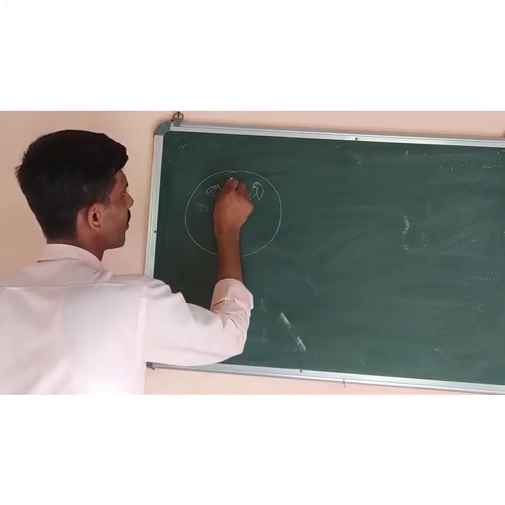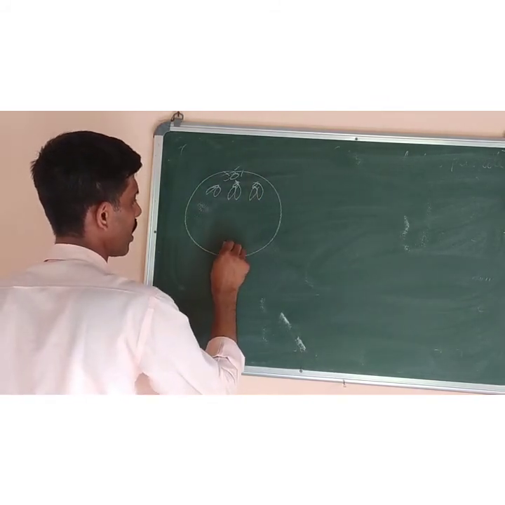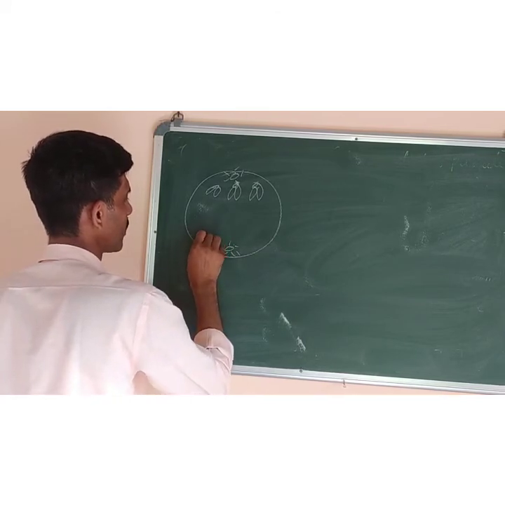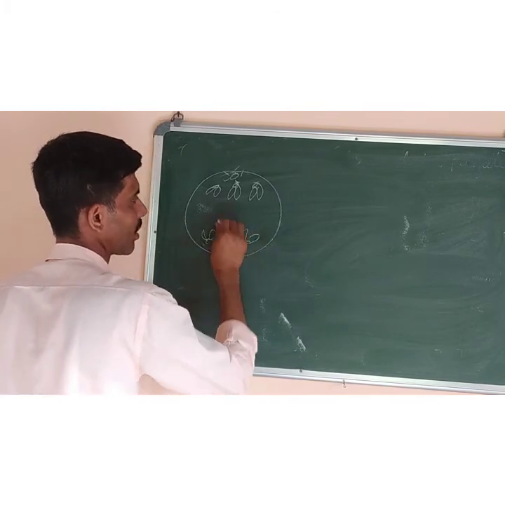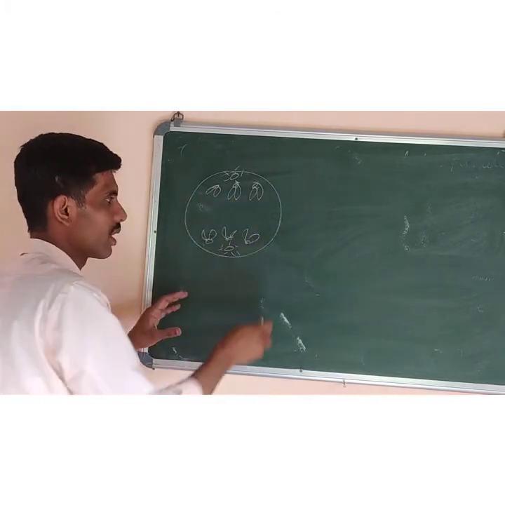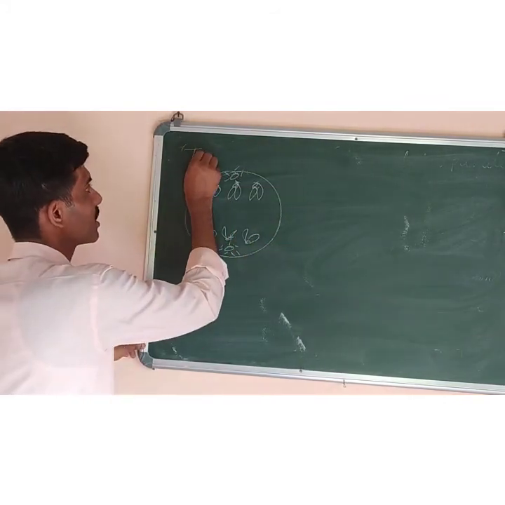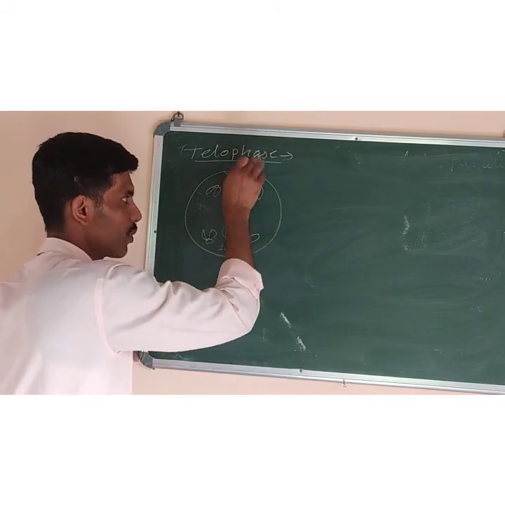See, another pole. Here also all the chromosomes have reached. Okay, they have reached the opposite poles. Earlier in anaphase they were moving, but here in the telophase stage, the chromosomes reach the opposite poles.